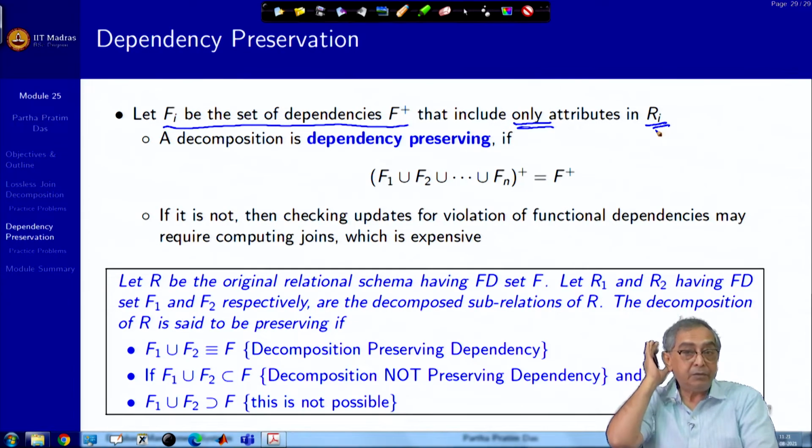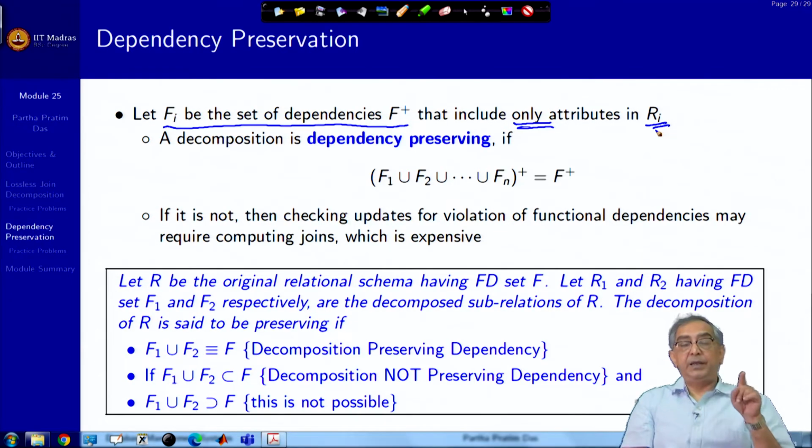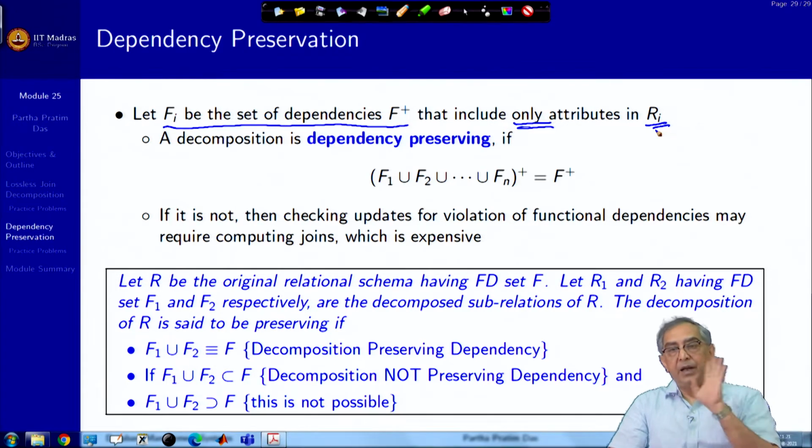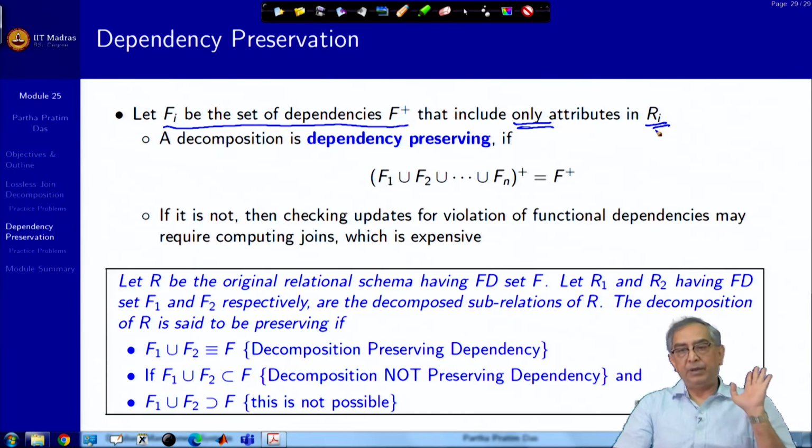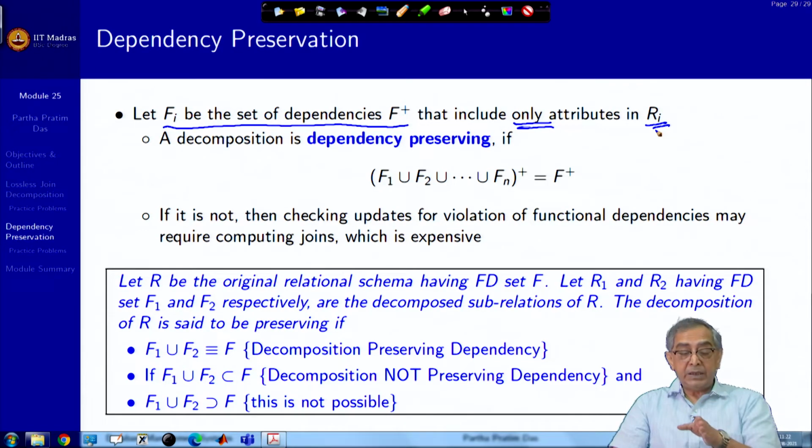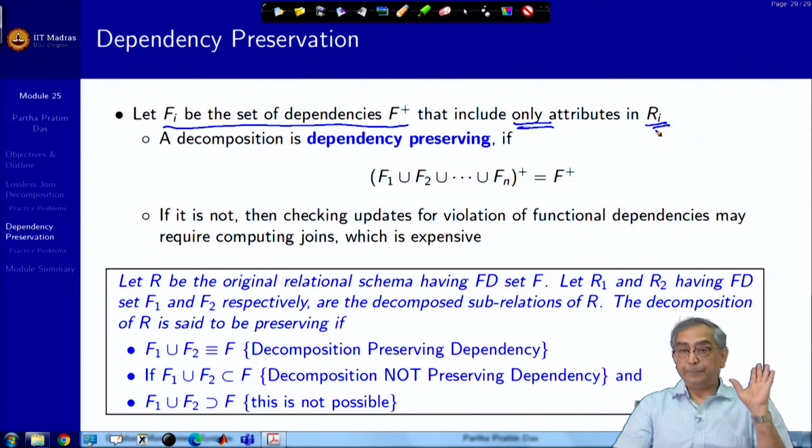Then what it signifies is that Fi can be fully checked on Ri, because it has attributes only in Ri, and Fi also is the largest set of functional dependencies logically implied by F that can be checked on Ri, because Fi you have taken as a subset of F plus. Right.